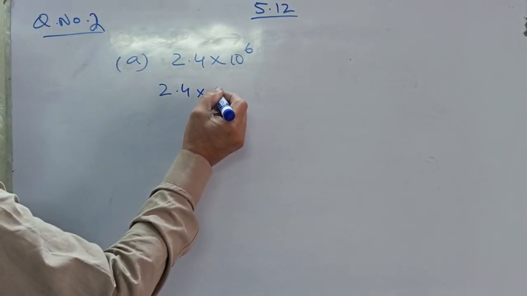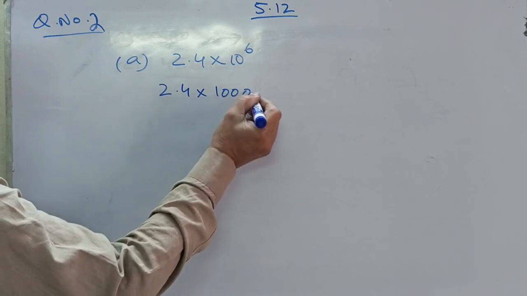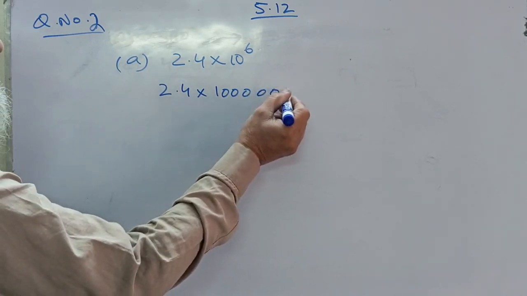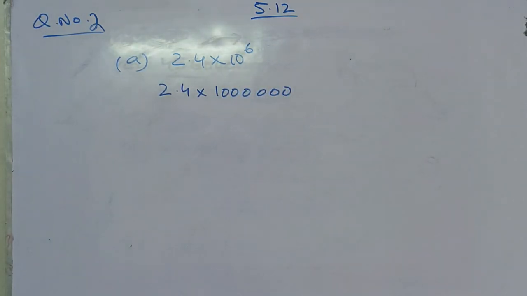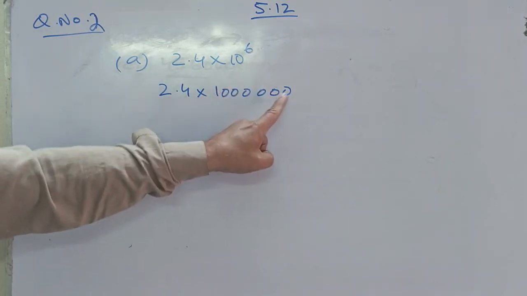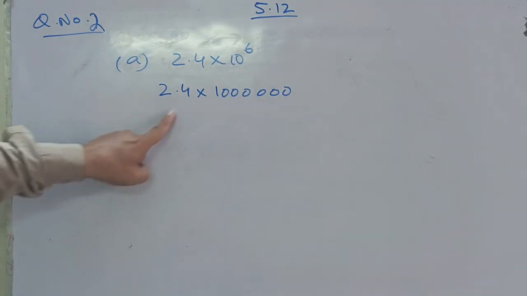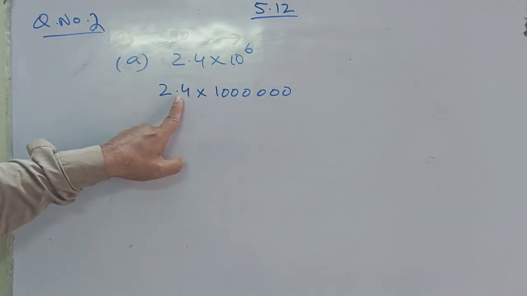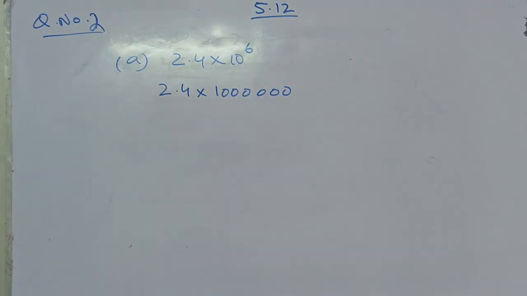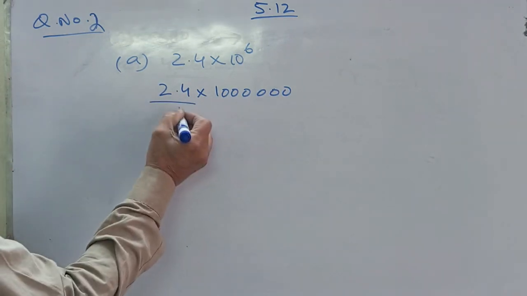2.4 multiplied by 10 raised to power 6. Now this is the first step. You see that 10 raised to power 6 means 1, 2, 3, 4, 5, 6 zeros. And when you remove this point, what will happen? This will happen.